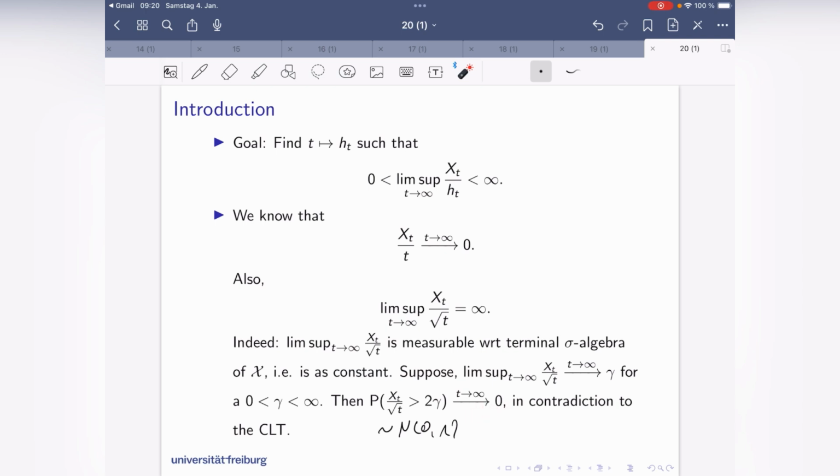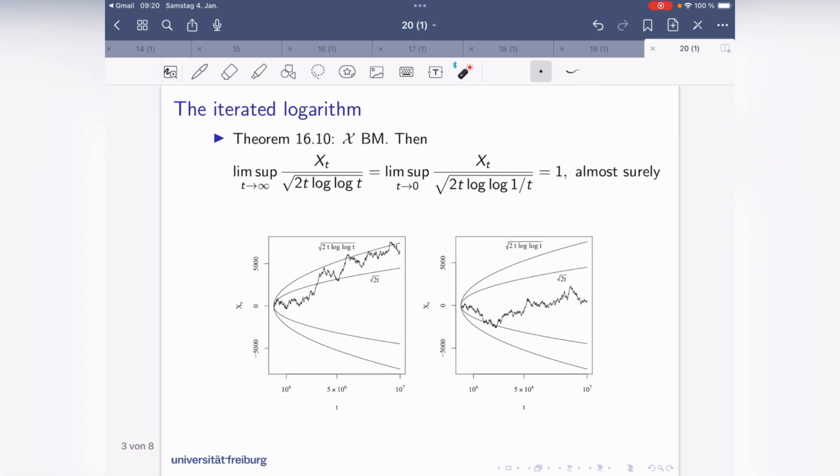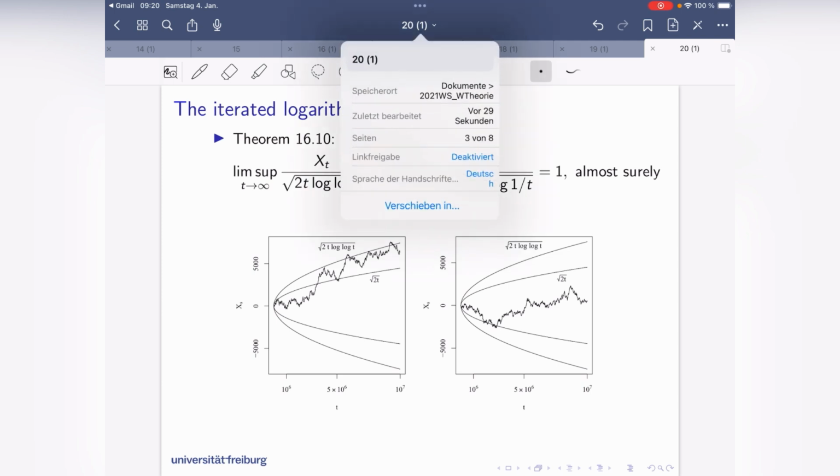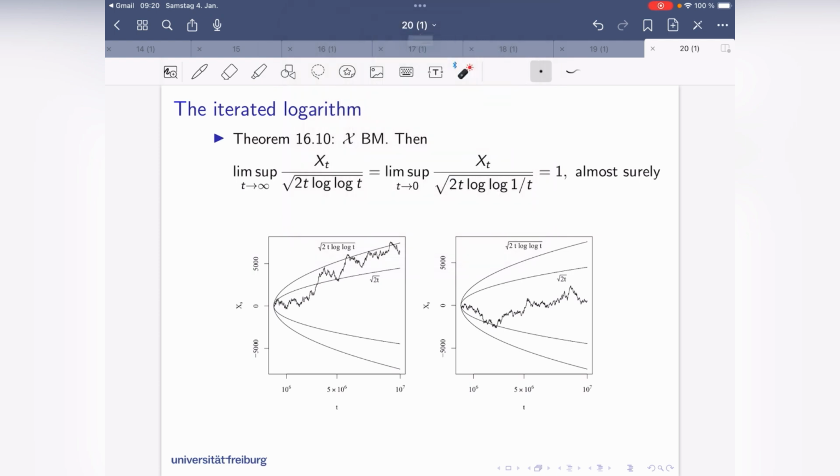So that lim sup must be infinity, which means that the h(t) we're looking for is somewhere between the square root of t and t. And I will show that it's the square root of 2t log t. It's called the iterated logarithm because you have the log here, so the law is iterated.